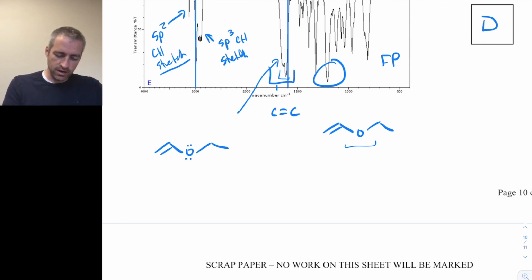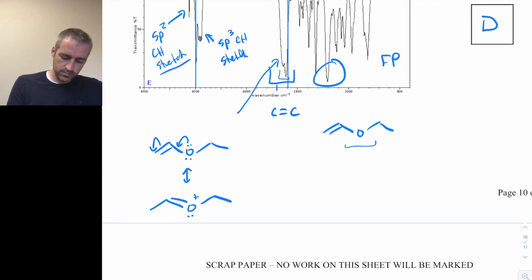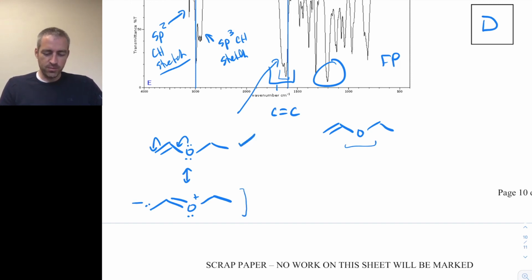It has a resonance structure, which looks like this. This second form is nowhere near the favored form. The first one is definitely better because nothing has formal charges, which can't be said for the second structure. But it does show that there is communication, I guess is the word we'll say.